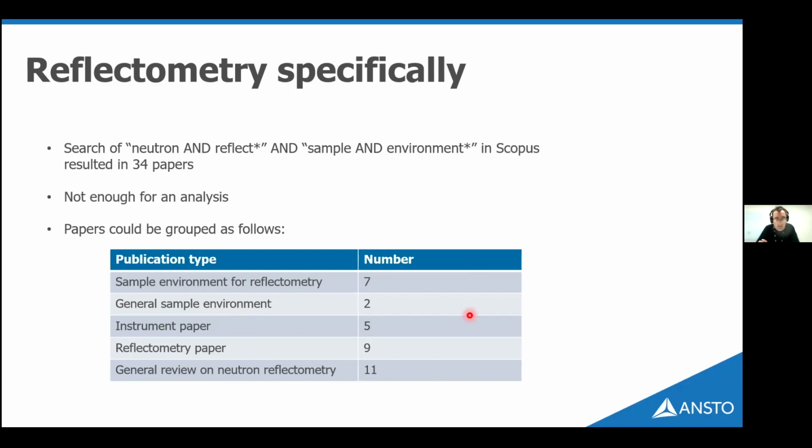So not very many. However, 9 of the papers were reflectometry papers, and for some of them, if you looked a bit deeper, although the paper was principally about the scientific question being answered, they did have to create some bespoke or special piece of sample environment to get the experiments done, even if the paper wasn't about that sample environment per se.